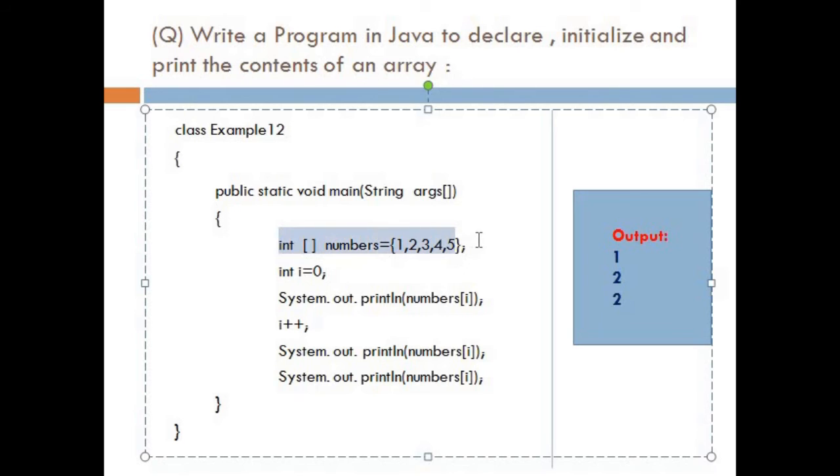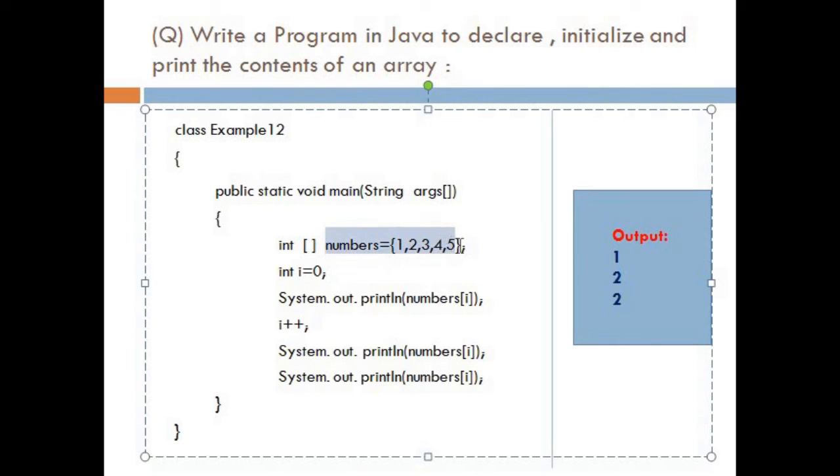The first Java statement declares an array variable by the name numbers and assigns the elements 1, 2, 3, 4, 5 into this array variable called numbers. As a result, declaration and initialization is done in the same statement. The declaration part declares the array variable numbers with the data type int, so that it can store only integer values.